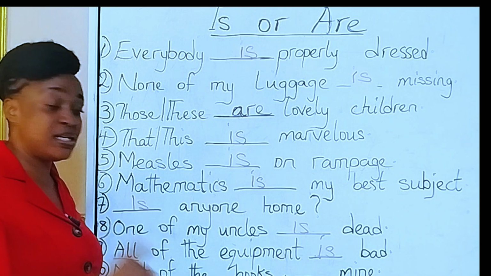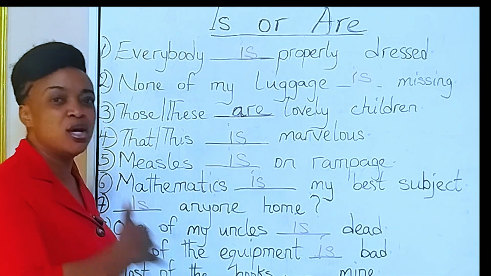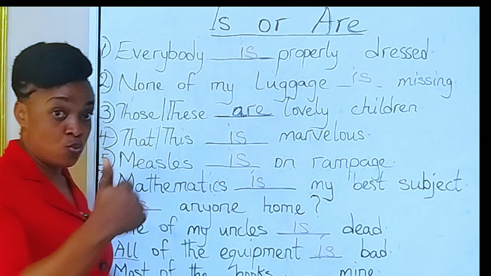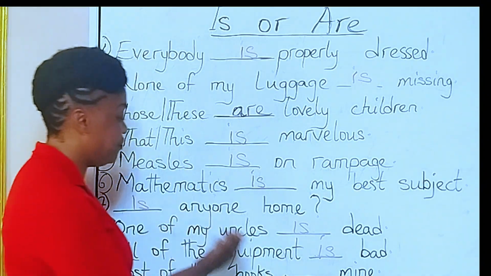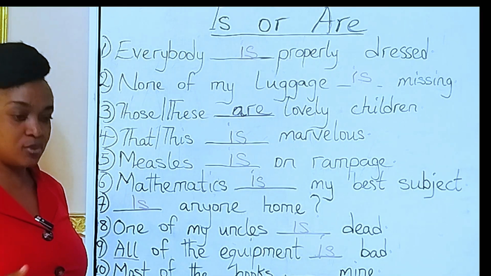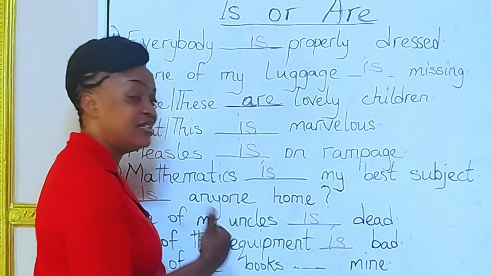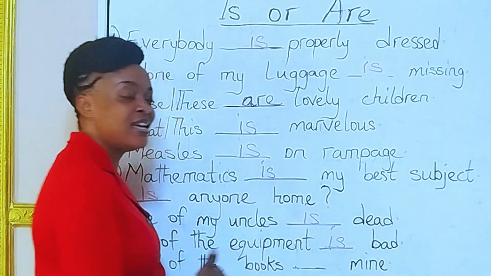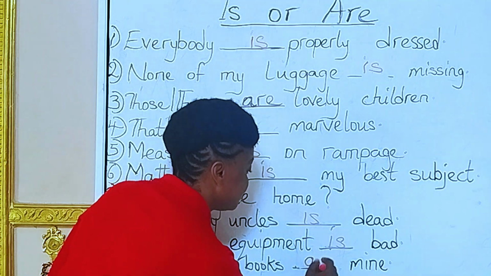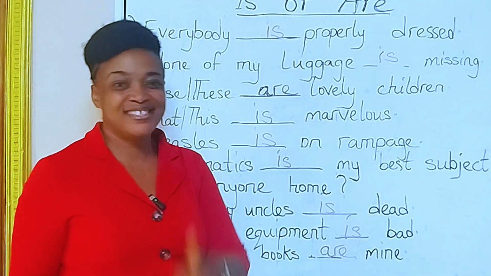If what follows is an uncountable noun like fish, luggage, equipment, music, you can't use it as plural. The verb that will follow will be is. But if the noun that follows is plural nouns, nouns that can be counted, like this very one, books, then you ought to use the verb in plural. So we have are. Most of the books are mine.